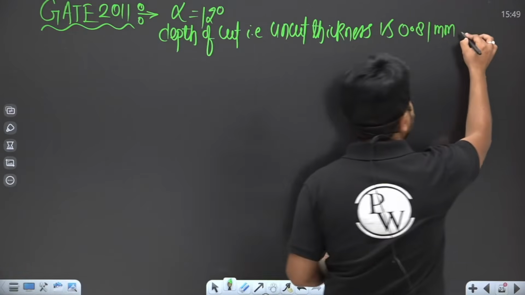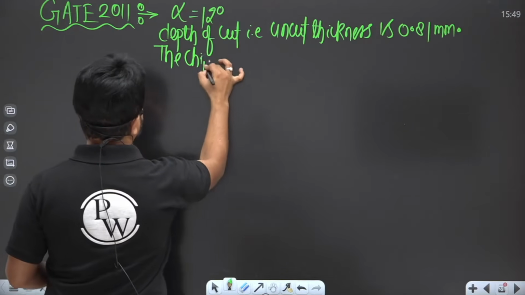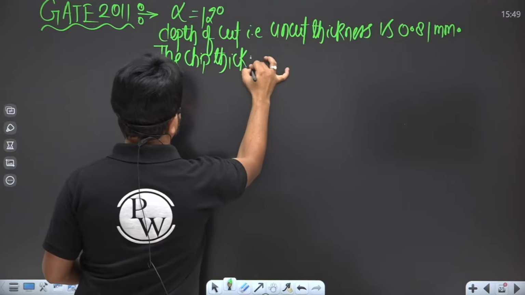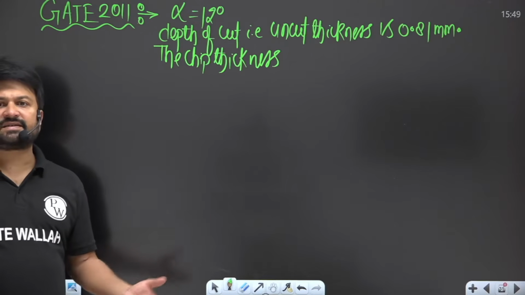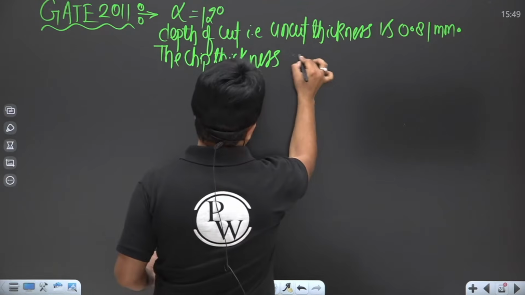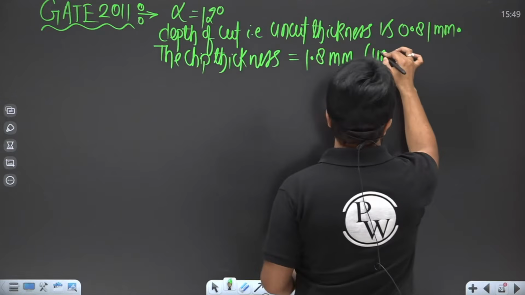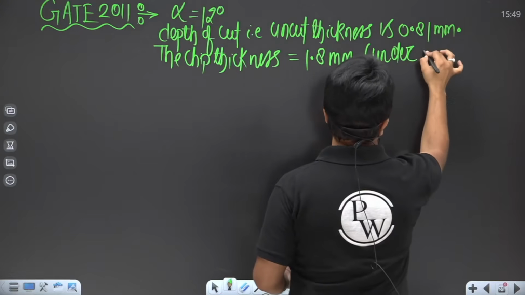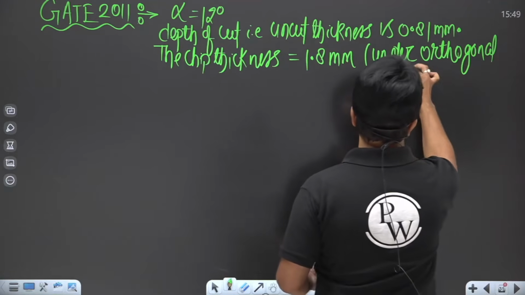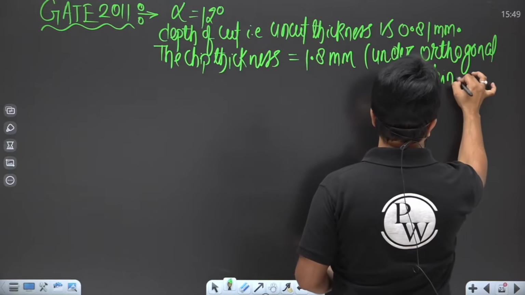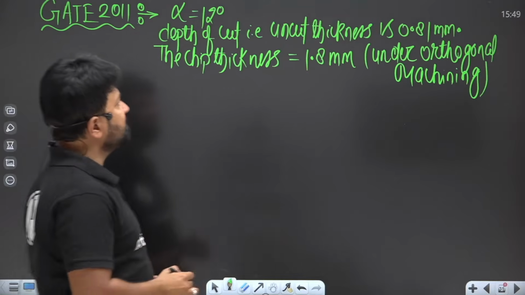The chip thickness under orthogonal machining is 1.8 mm. So alpha is given, and the depth of cut, that is the uncut thickness, is given.